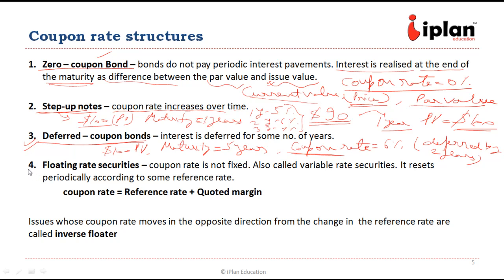The fourth type is floating rate securities. On these securities, the coupon rate is not fixed. We tie this up to a reference rate. For example, it could be LIBOR, which is London Interbank Offer Rate, and it could be plus or minus some margin.